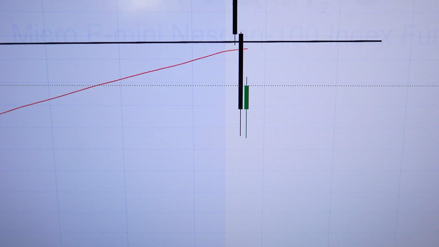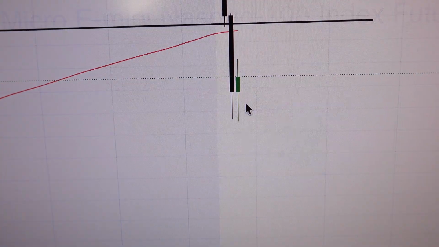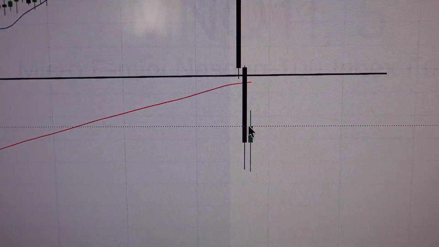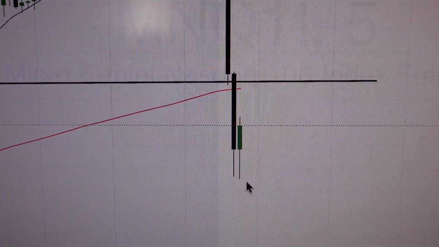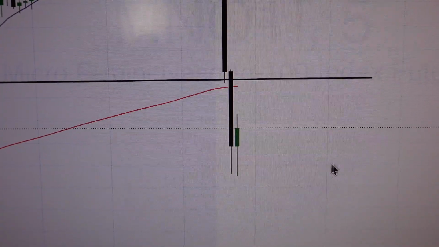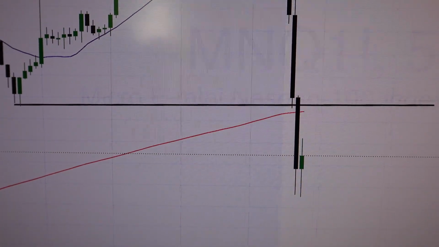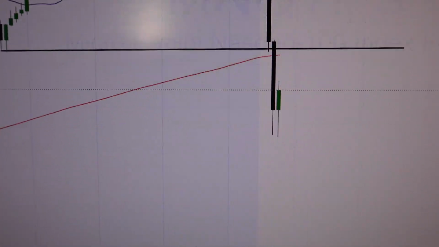And price looks like it's moving up right now. Price looks like it's about to jump up. You see, this could be a pullback. It could make a little pullback and come back down to the downside. And then I'll mark up another supply zone right here. So that's what I think is going to happen.